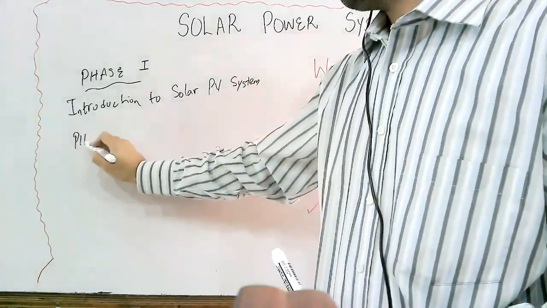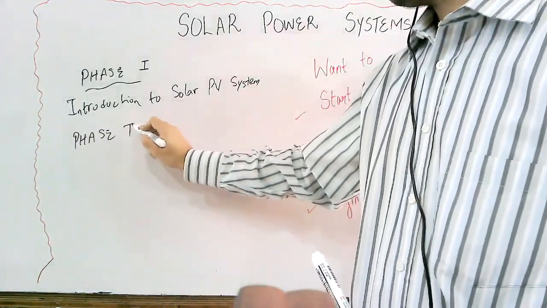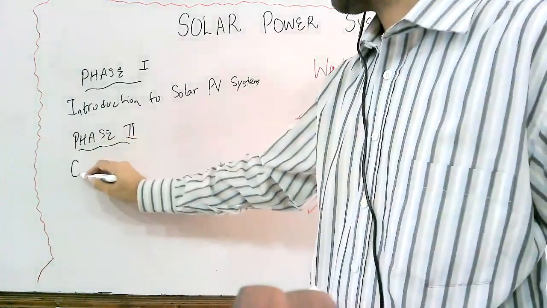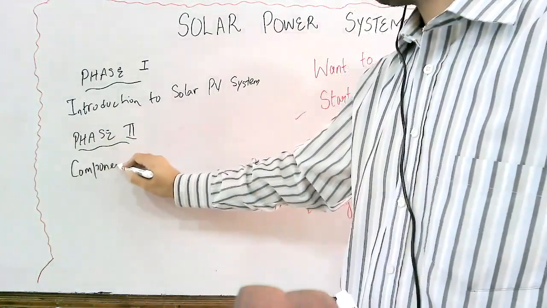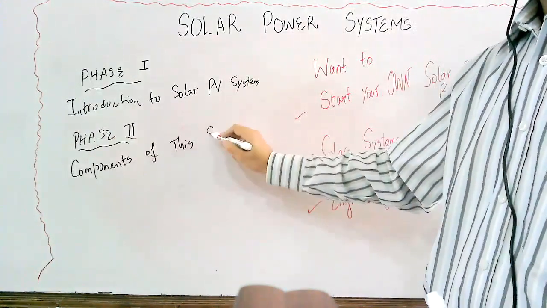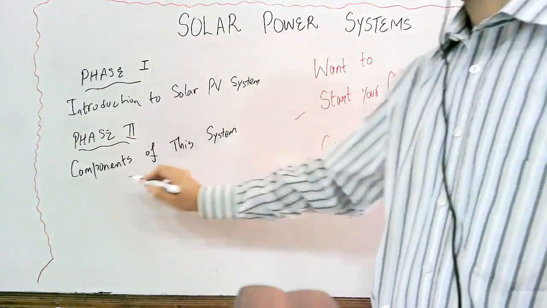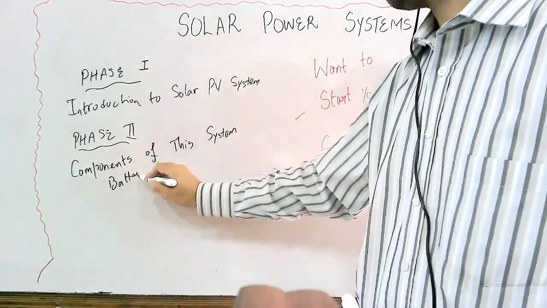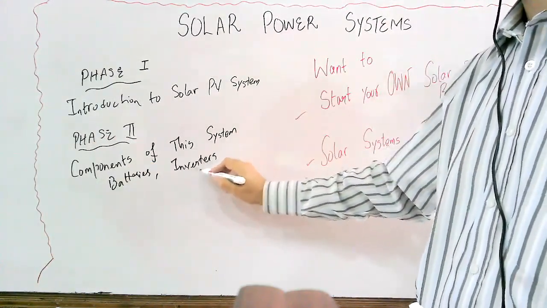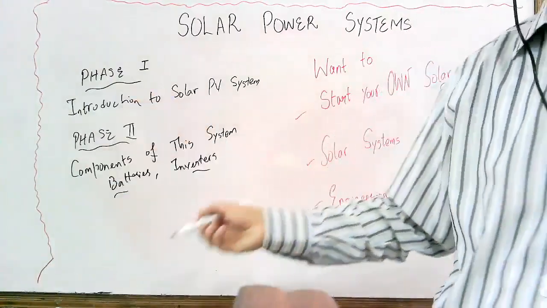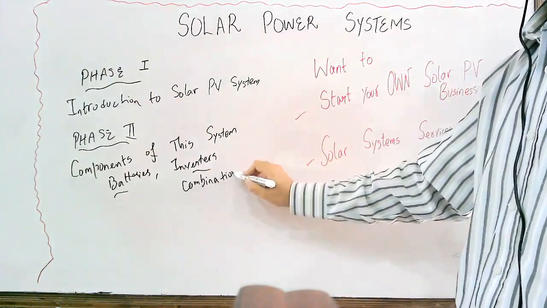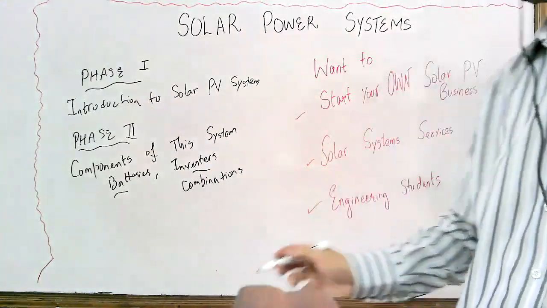And in phase number 2, we are going to study the components of this system, like the batteries and inverters, which type of inverters are used, which type of batteries are used, and their combinations. These things we are going to study in our phase number 2.